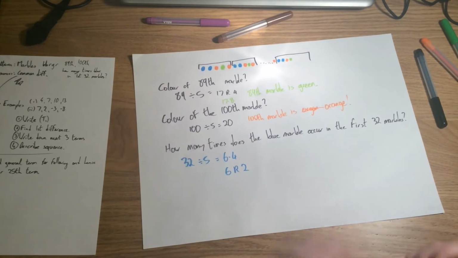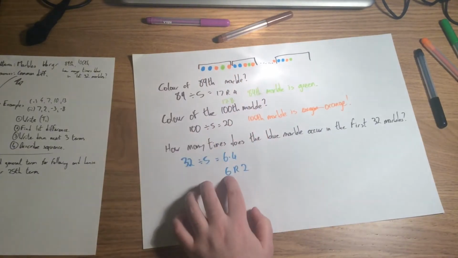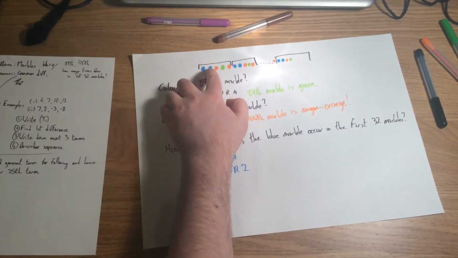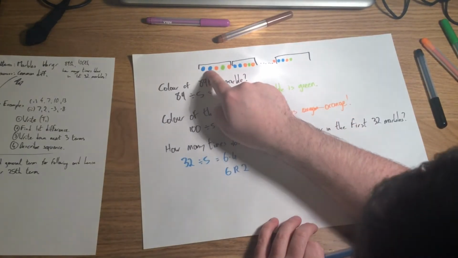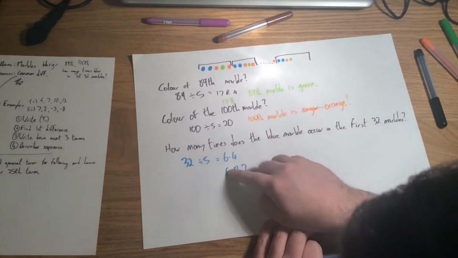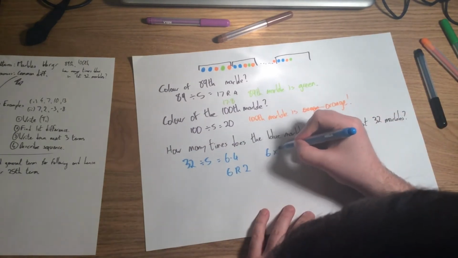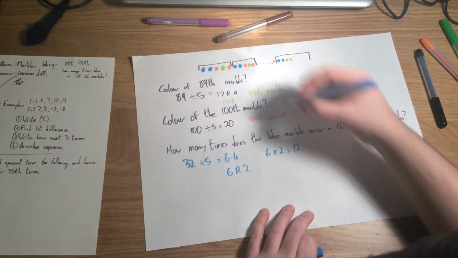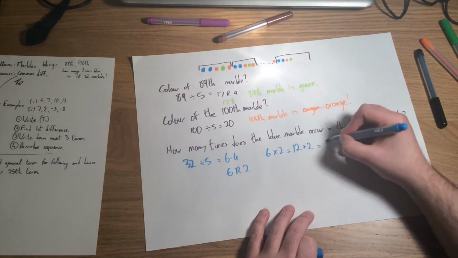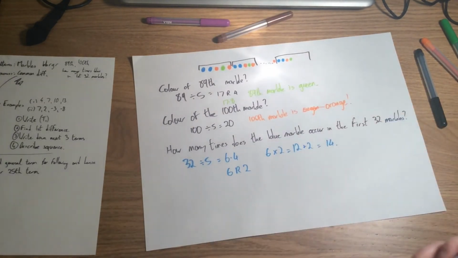So it means that the 5 patterns get as far as 6 and then you have a remainder of 2. So that means that the 2 blues together have occurred 6 times. So 6 multiplied by 2 is equal to 12, but then there's a remainder of 2. There's your first remainder, there's your second remainder. So I'm going to add 2 onto that. So 14 is how many times the blue marble has occurred in the first 32 marbles.